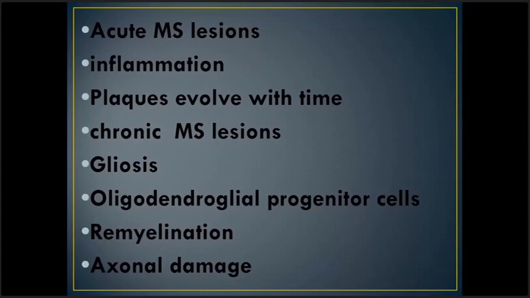But in the chronic lesion, when there's no remyelination, there's gliosis, and a progressive, steady axonal damage, which causes the permanent deficit in multiple sclerosis and a progressive neurological deficit.